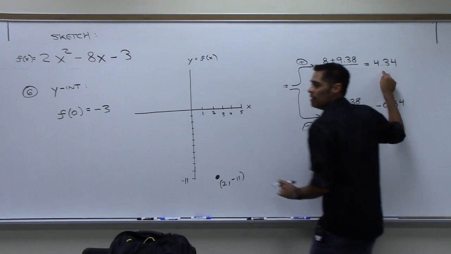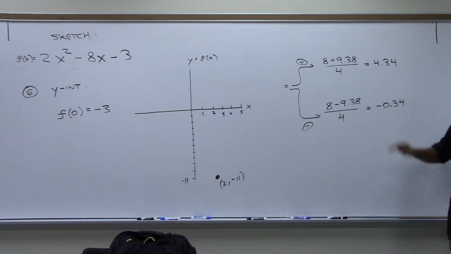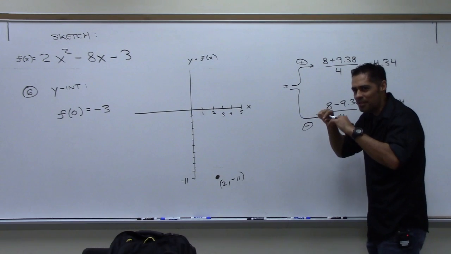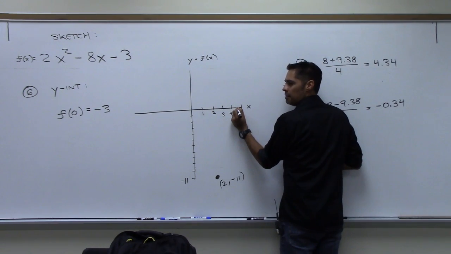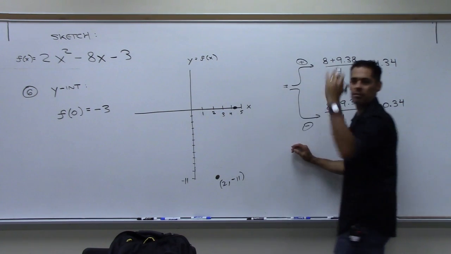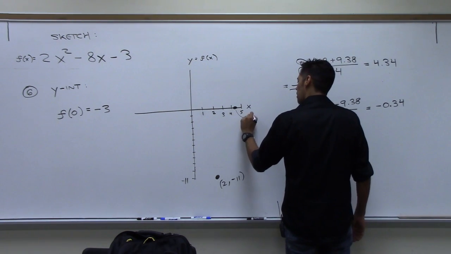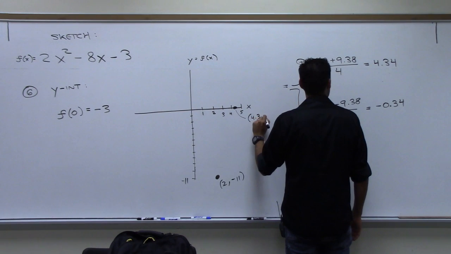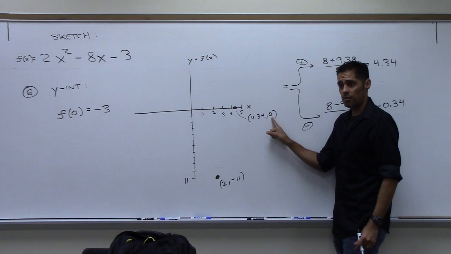On this, there's no sense in going 5 decimal places because it's hard enough to graph 4.3. 4.34, nobody's going to get that good, unless we've got rulers and we've blown everything up real big. So let's see, 4.5's here, 4.3, ballpark it, somewhere around there. Can we be happy with that? I will label it by making the point 4.34, comma 0. Remember, it's an x-intercept, so the y-coordinate's always 0 at that point.